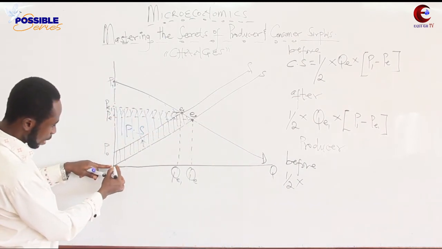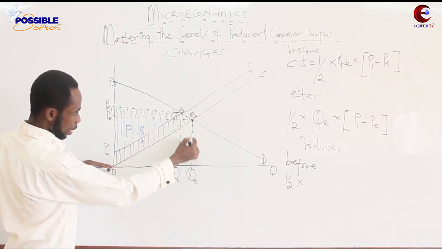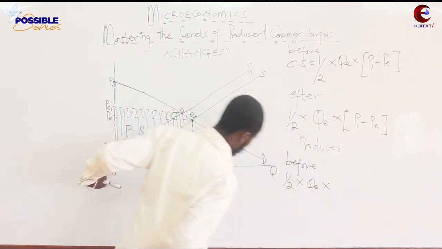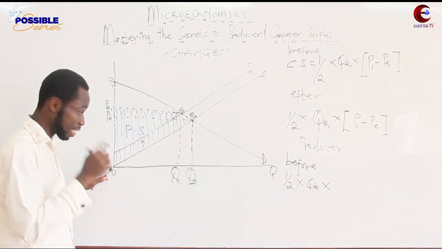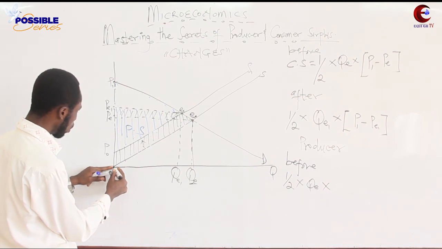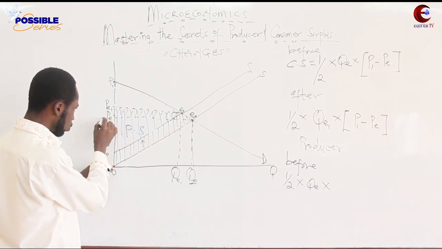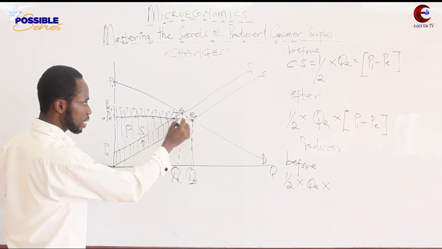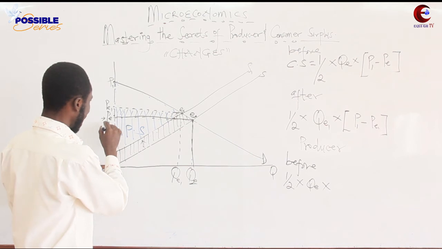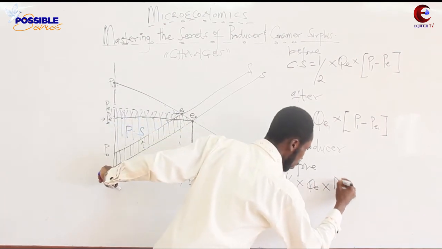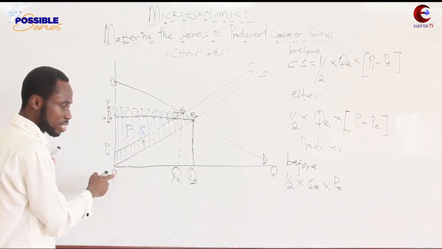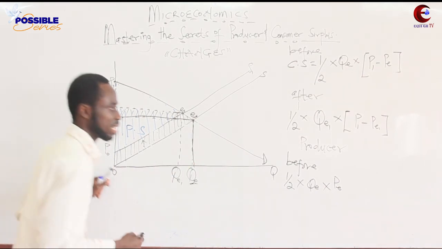The base was the equilibrium quantity, times the height. Look at the height before the change. It was from 0 to the equilibrium price, so the height is PE. Can you see it? Because P minus 0 is the same as P before the change.